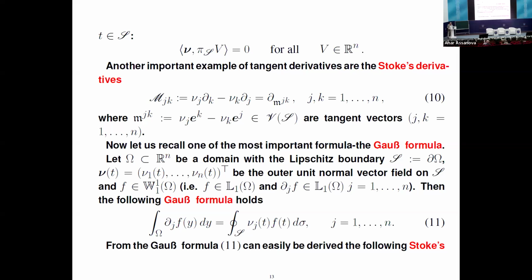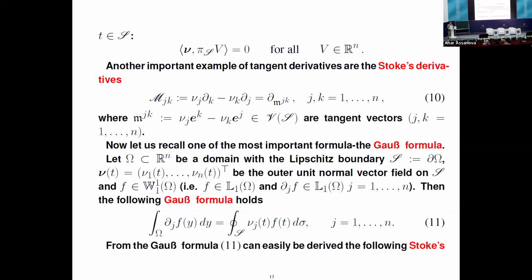Now, if we have a Lipschitz domain. Lipschitz domain means that the boundary of this domain might have angular points and so on, and can be defined with the help of a Lipschitz function. This implicit definition of such a surface will participate, but there are many other definitions of Lipschitz domains.